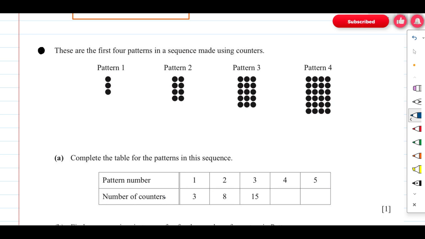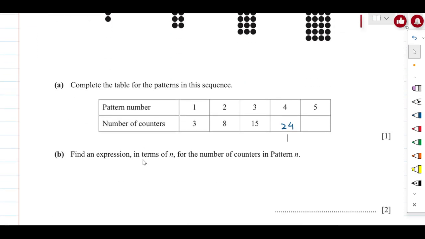Number of counters used in pattern 1 is 3, pattern 2 is 8, pattern 3 is 15, and pattern 4, the number of counters is 24. We need to complete the table, the number of counters for pattern number 5.